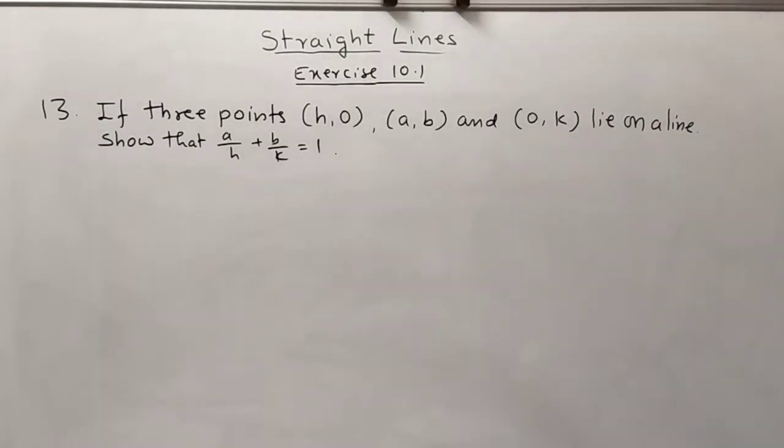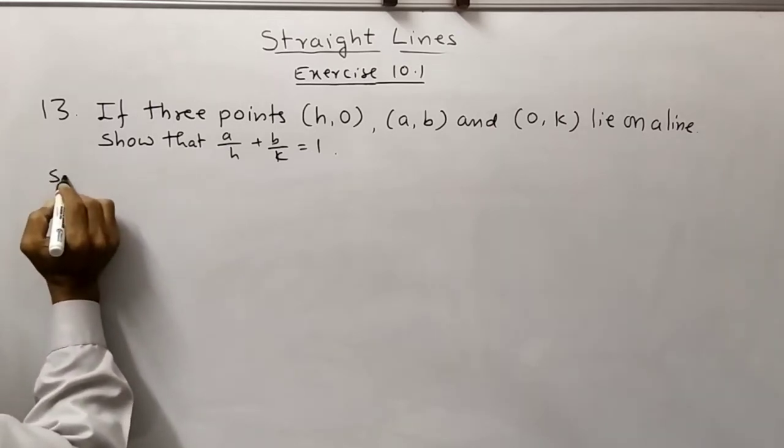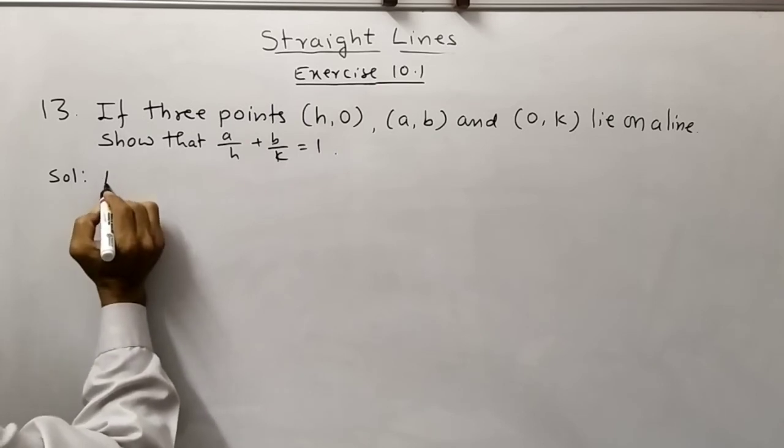Question number 13. If 3 points with coordinates h, 0, a, b and 0, k lie on a line, show that a by h plus b by k is equal to 1. Solution.